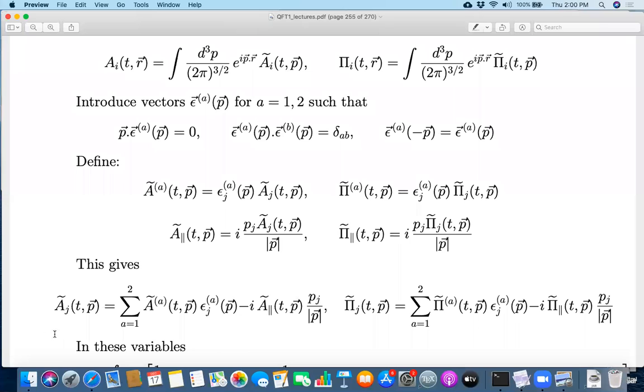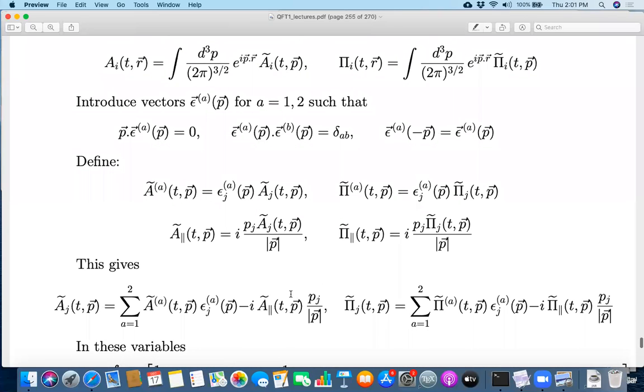So you sum over A equal to 1 to 2, A tilde A times epsilon A. And then the other basis vector is the unit vector along P, and the corresponding component is minus I A tilde parallel, because you take this I to the other side, it becomes minus I times A tilde parallel. And similarly, pi tilde is given in terms of pi tilde A times epsilon A and pi tilde parallel times the unit vector along P.